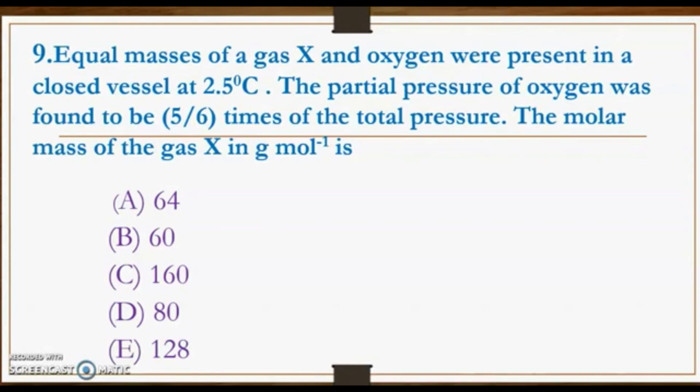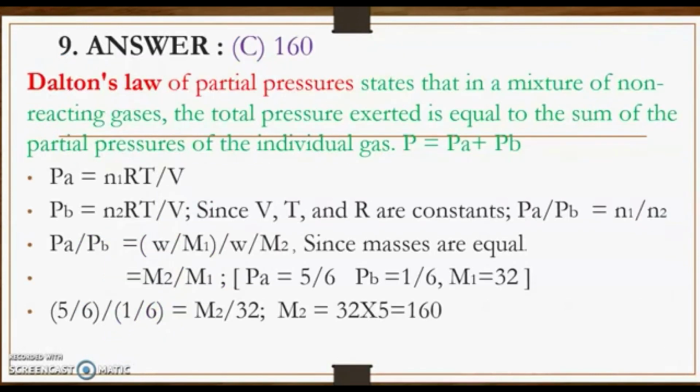Therefore, let us go to the answer. So Pa is equal to n1 RT by V, Pb is equal to n2 RT by V, because n by V is the concentration. Since V, T and R are all constants, Pa by Pb is equal to n1 by n2. You take the ratio Pa by Pb.